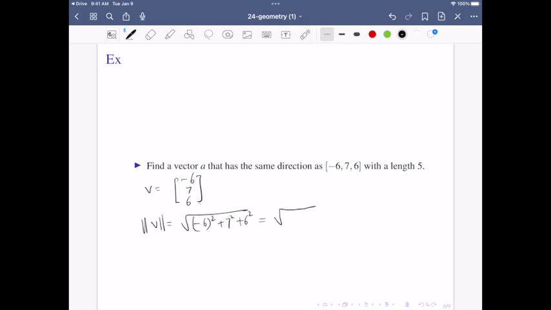So this is 121, 11 squared. So this is 11.